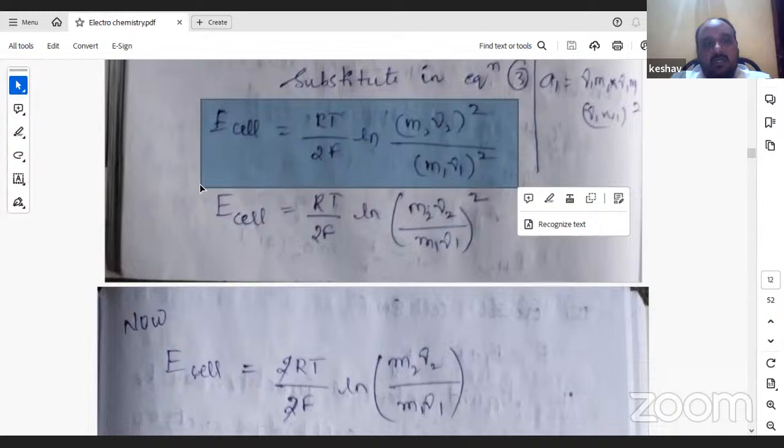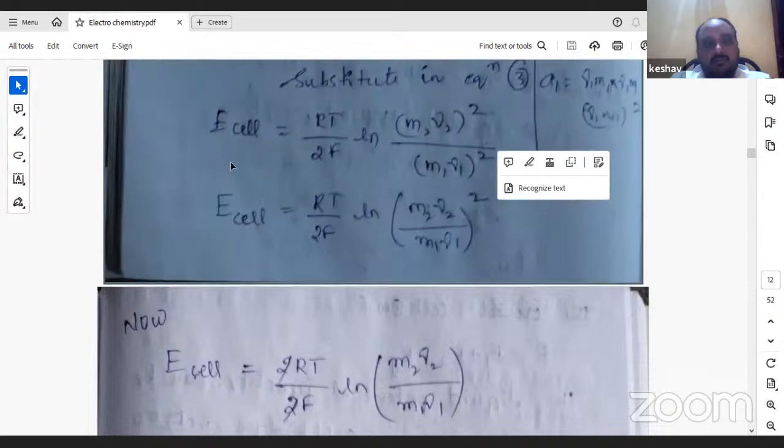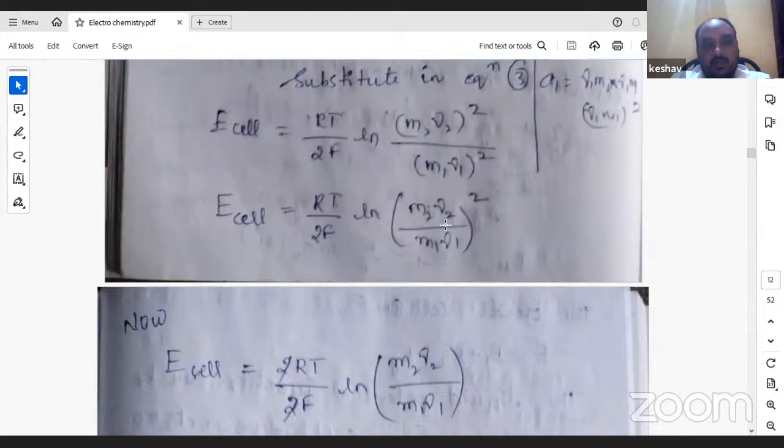So that will be modified to M2 gamma 2 by M1 gamma 1 whole square. The 2 comes to the front side, so the 2 gets cancelled.